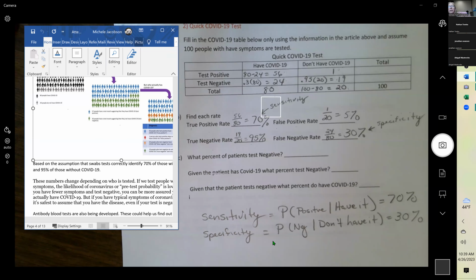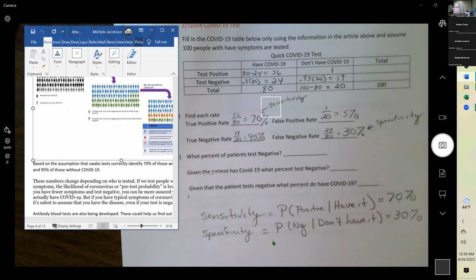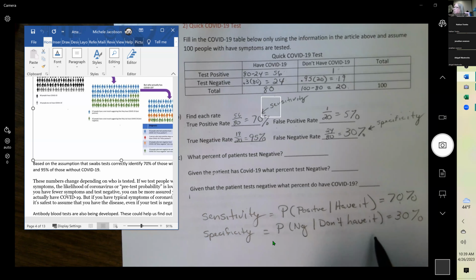So you're seeing how accurate it is depending on whether you do or don't have it. If you have it, you're going to find out 70% of the time. If you don't have it, you'll find out you don't have it 95% of the time.